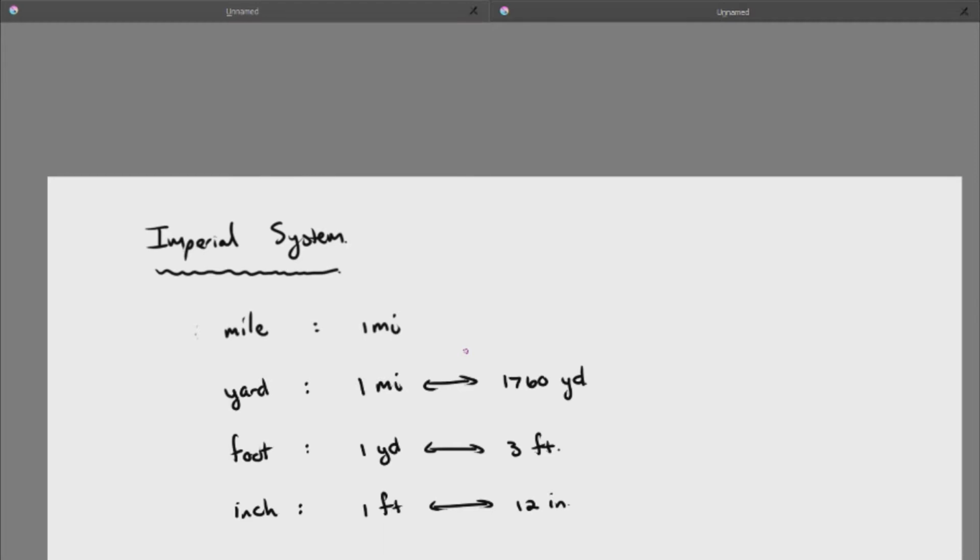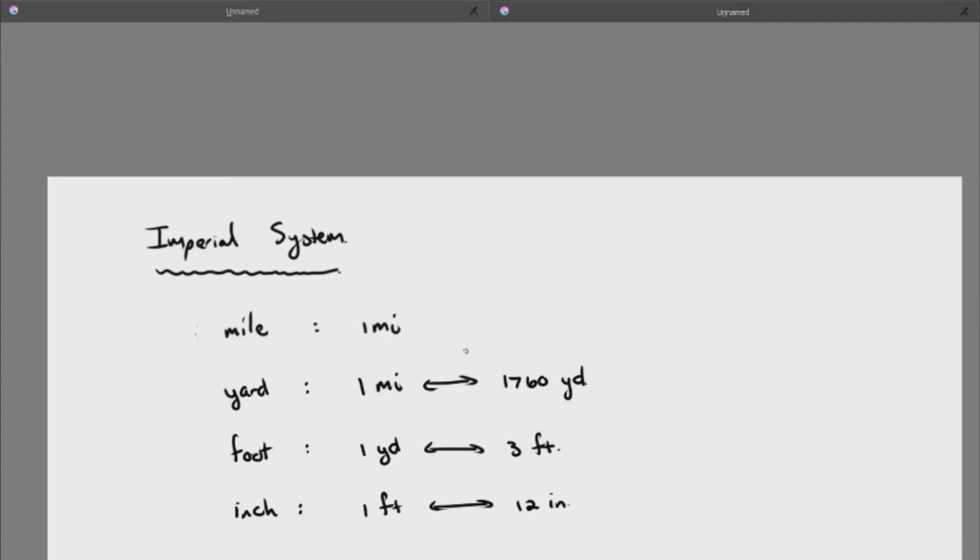And then the mile unit isn't very appropriate if I want to measure the width of this room, for example. So then we have a yard, and 1 mile is approximately 1,760 yards. Why? I don't really know. So the drawback of the imperial system is the conversions are not obvious. And they just developed over time to be what they are today.